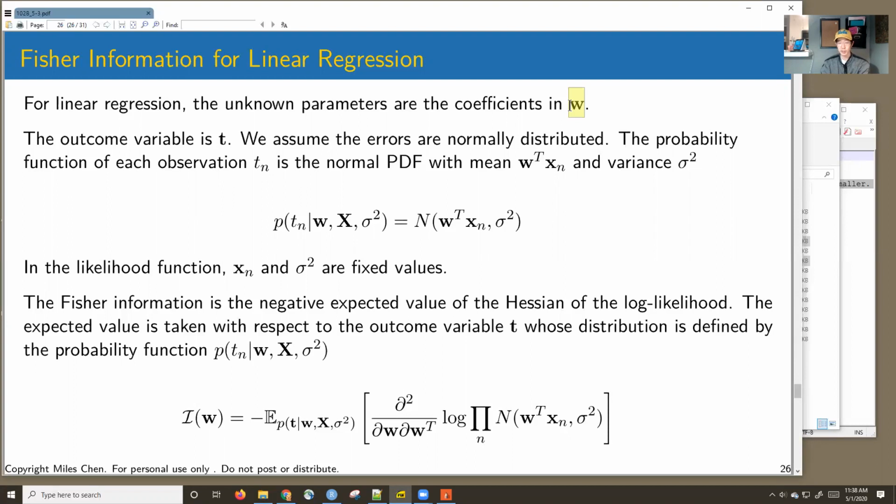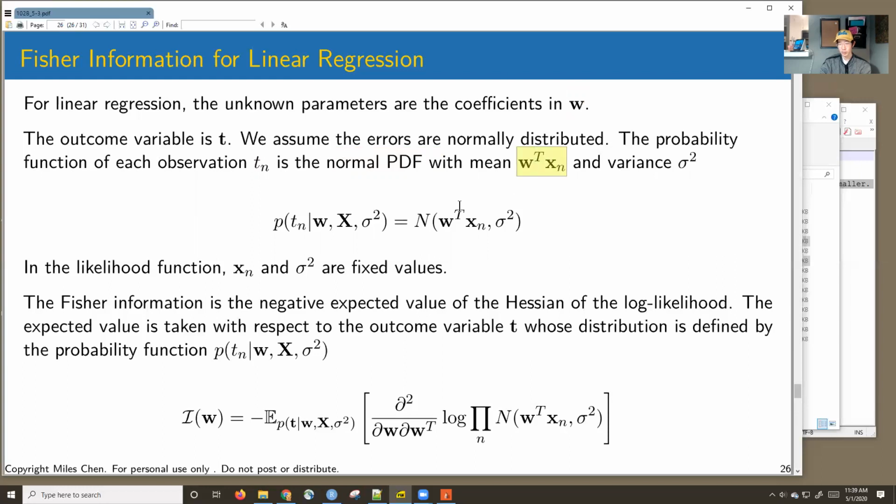The outcome variable is t, and if we assume that the errors are normally distributed, then the probability function of each observation is going to be the normal PDF, where the mean is W transpose X of n.